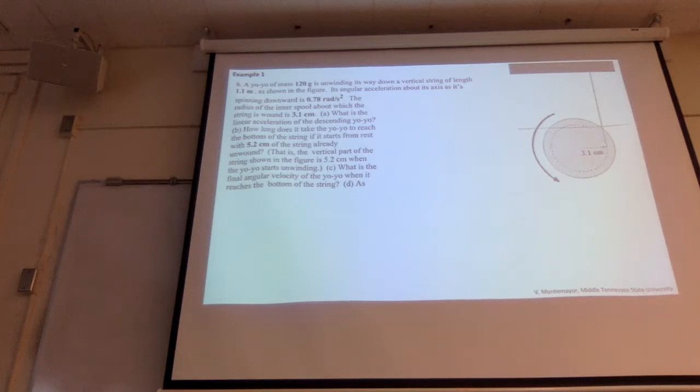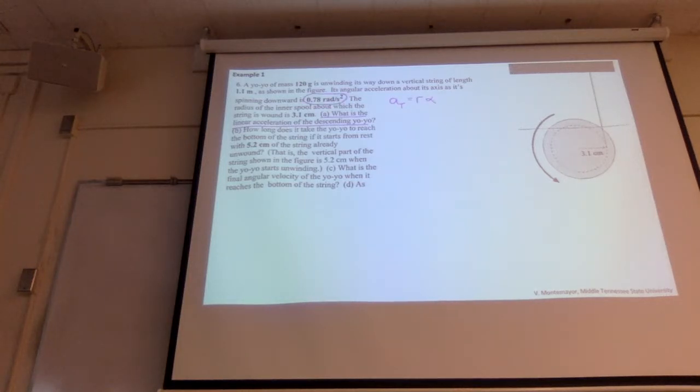So this one is going to let us use both types of analysis to solve the same problem, linear motion and angular motion. So let's work through these questions and then add to it just a little bit. The first one, A, what is the linear acceleration of the descending yo-yo? The linear acceleration. It's asking us for a_T, which we know is equal to R times alpha.